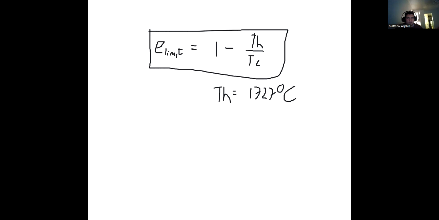I think it's 273.15. So to change this to Kelvin, I just add 1727 plus 273.15. This 0.15 ultimately won't matter, but I'll do it for the sake of being careful.